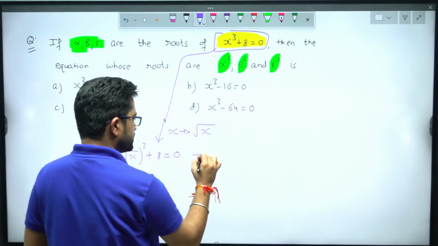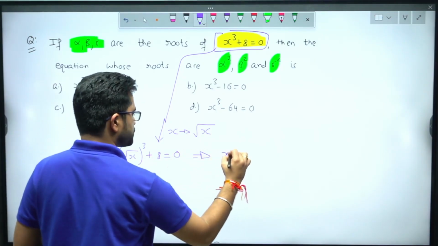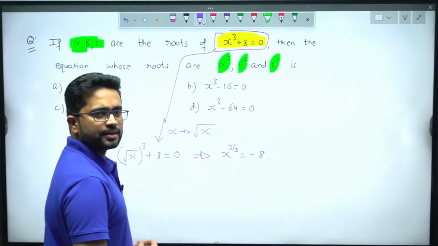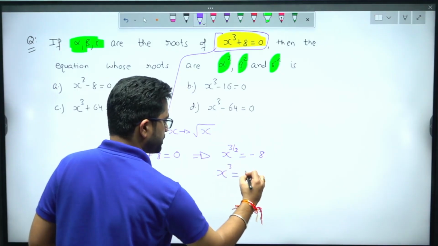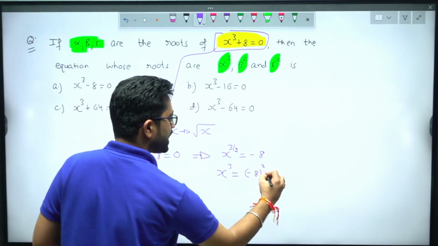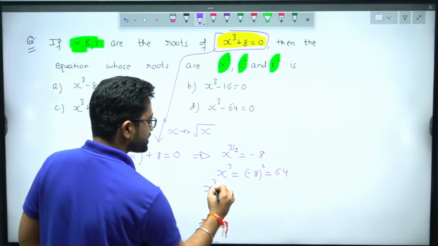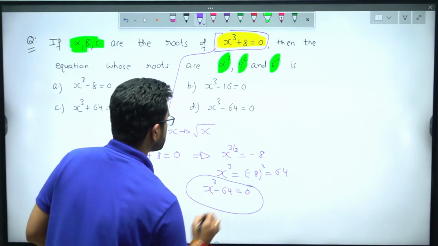Now let me modify this equation a bit further. It comes out to be x^(3/2) = -8. Now simply square both sides: x^3 = (-8)^2, and that is 64. So my final equation comes out to be x^3 - 64 = 0.